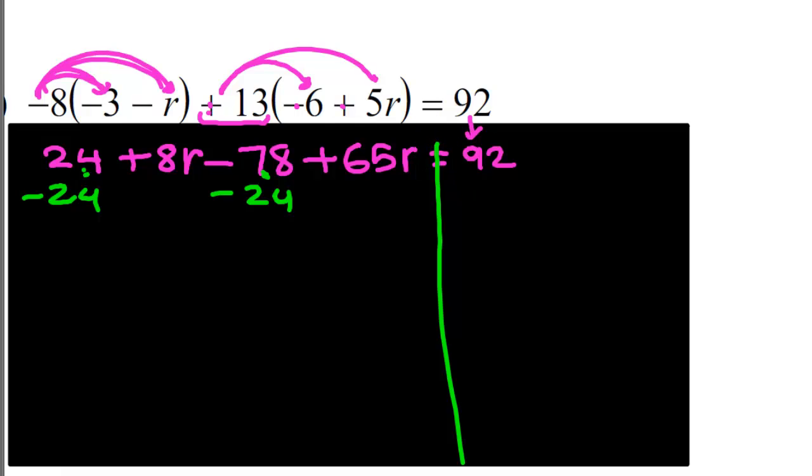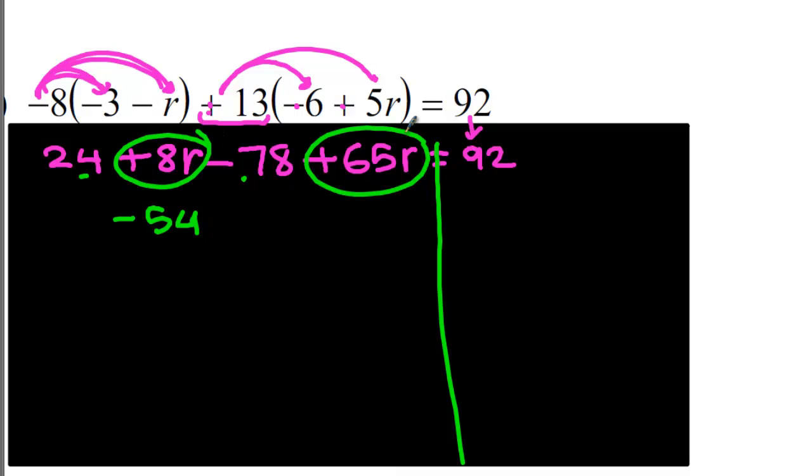Okay? Alright, even then, just straight up add or subtract. Okay, 24 minus 78. That's negative 54. We can also put the 8r and 65r together, so 8 plus 65, that's going to be positive 73r equals 92.